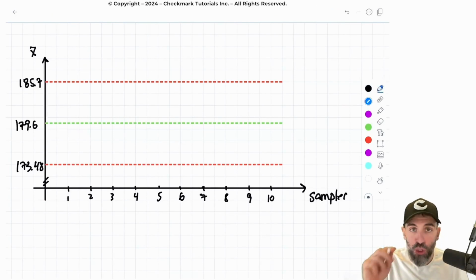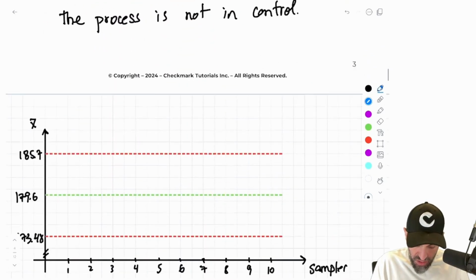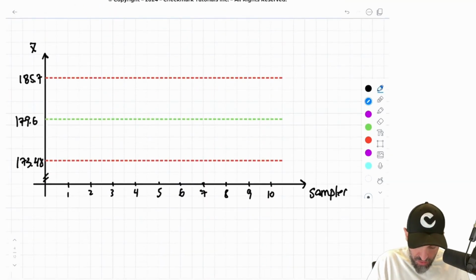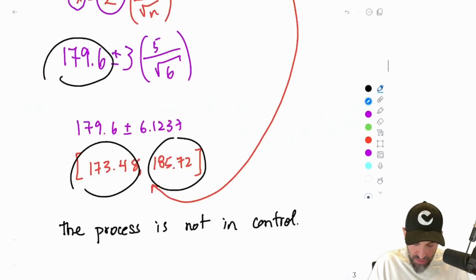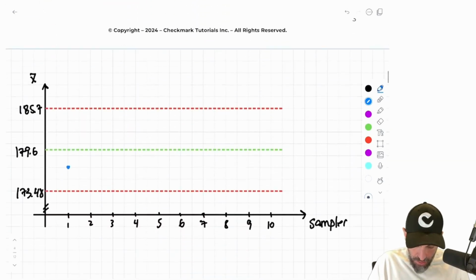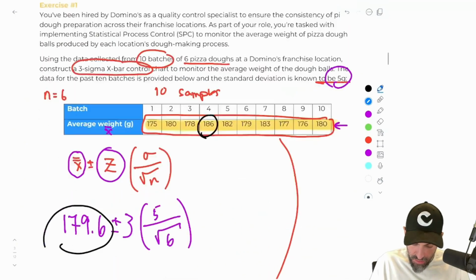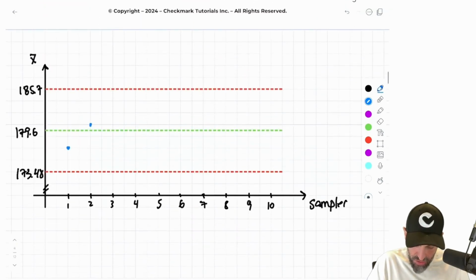And then you're going to plot every one of your 10 points. 175, for example, is sample 1. We'll put that right there. 180 is a little bit higher than that point. 178, just a touch lower. You see?